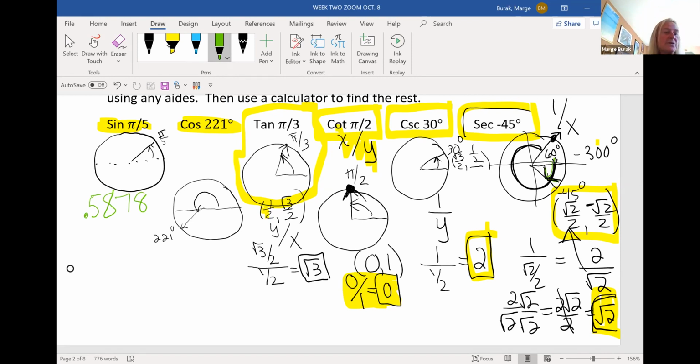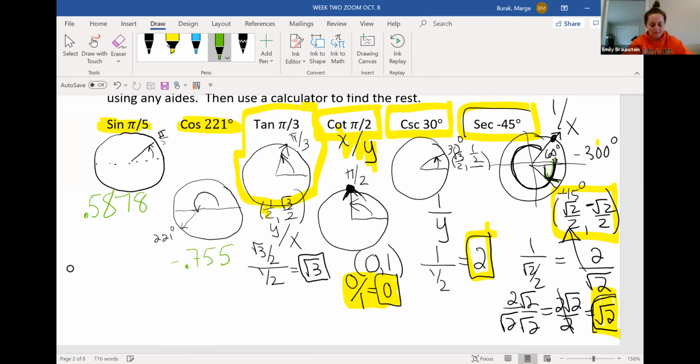How about cosine of 221? I go to my mode, I go to degrees, and I do cosine of 221. Who wants to shout it out? Negative 0.7547. Is that Emily? Negative 0.75.